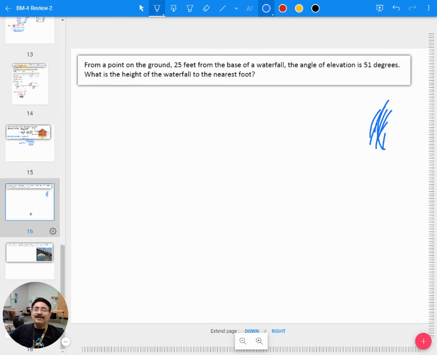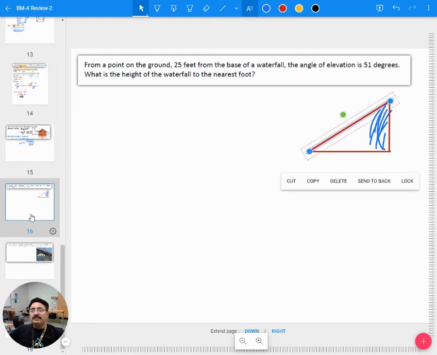This one is the height of the waterfall, and let's say that someone is standing 25 feet away from the waterfall, and they're making an angle of elevation of 51 degrees.